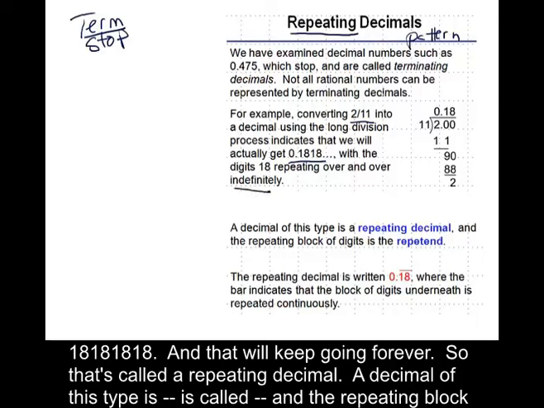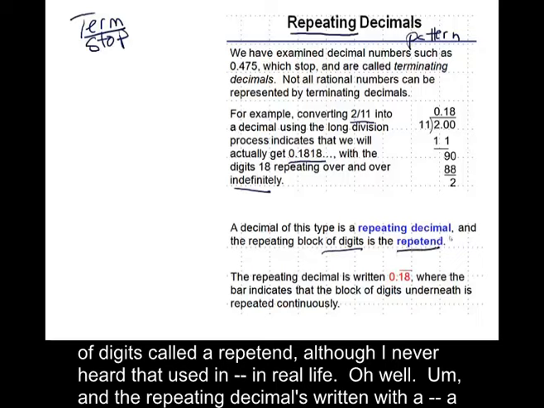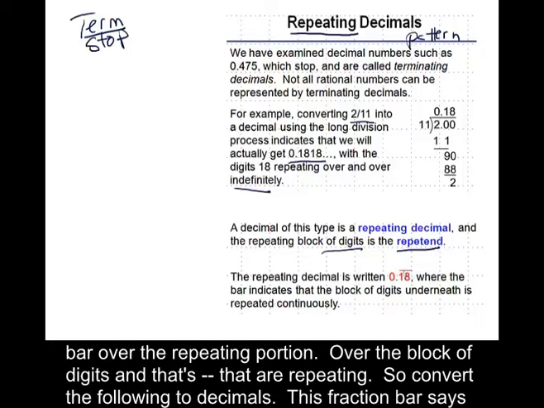So that's called a repeating decimal. A decimal of this type is called a repeating decimal, and the repeating block of digits is called a repetend, although I've never heard that used in real life. The repeating decimal is written with a bar over the repeating block of digits.